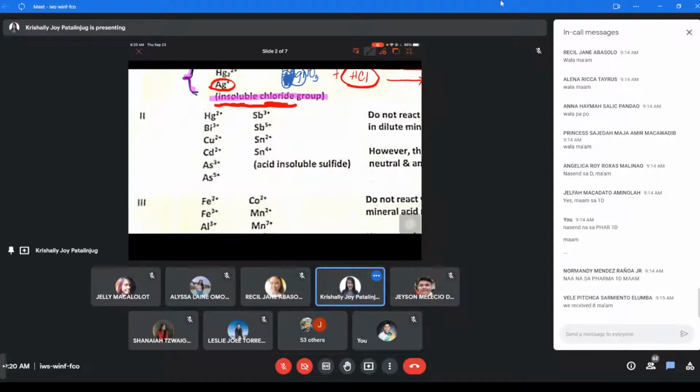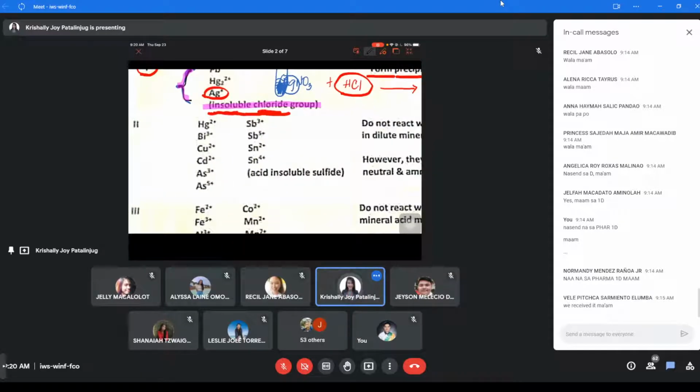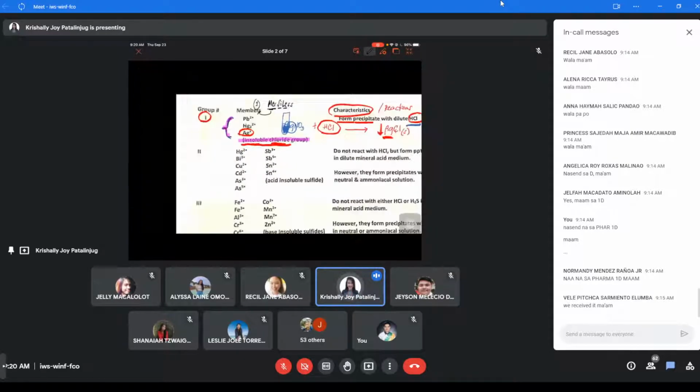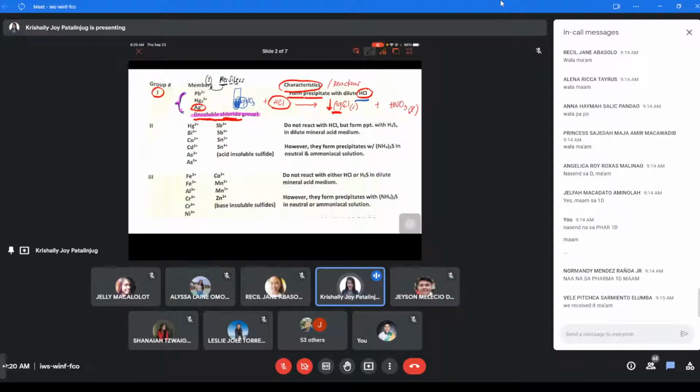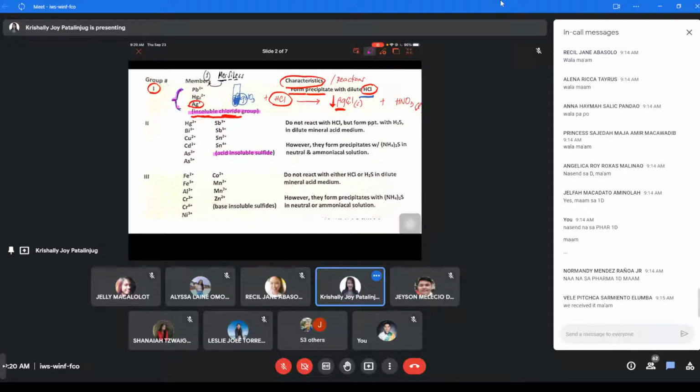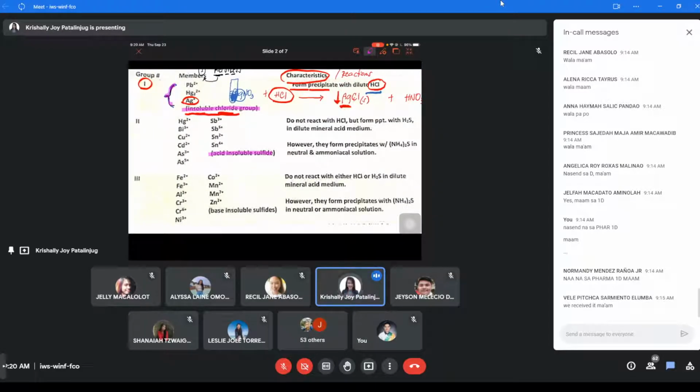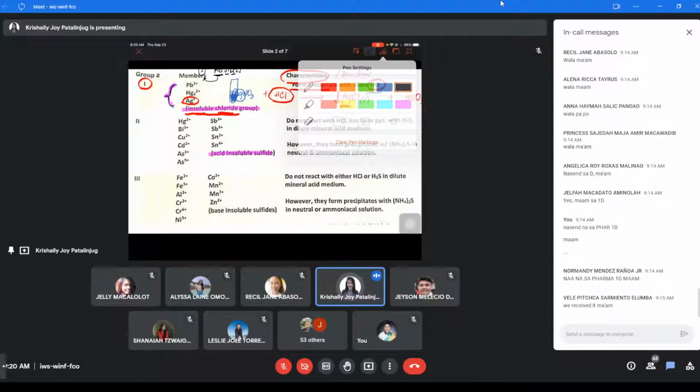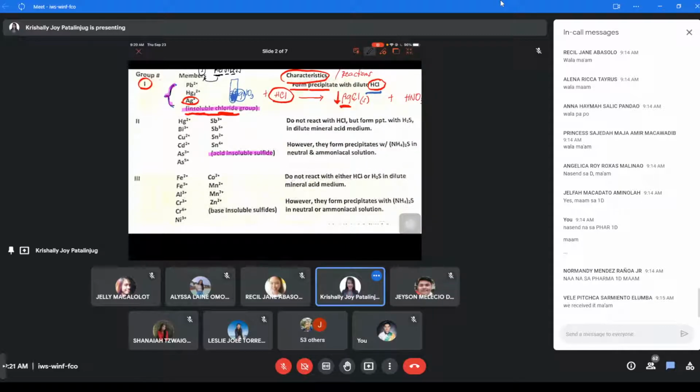Okay, next. Group 2 ions tayo. Group 2 cations ha. Sila naman, they are also known as acid insoluble sulfide. So how do you interpret this based on their general name?